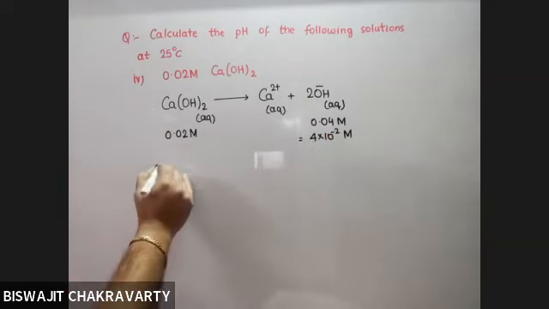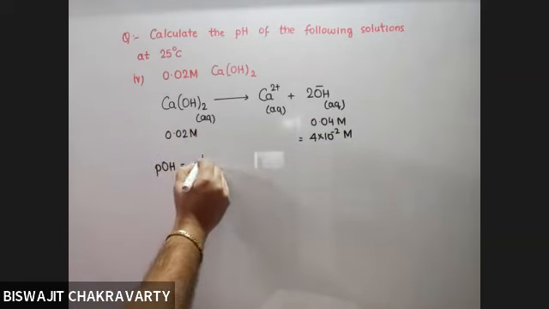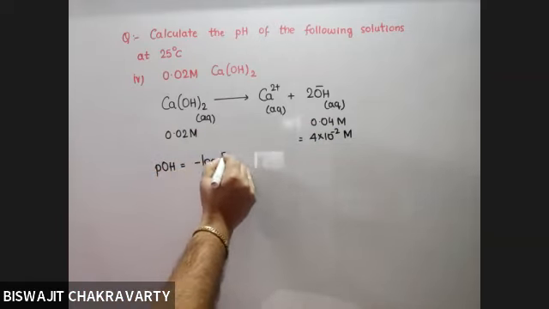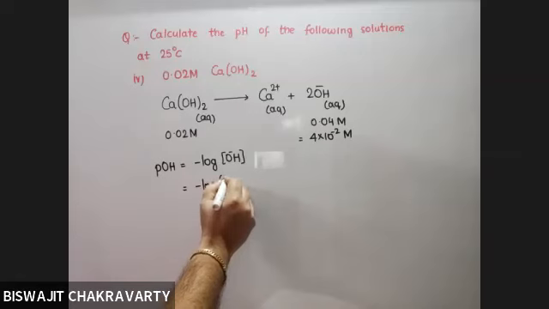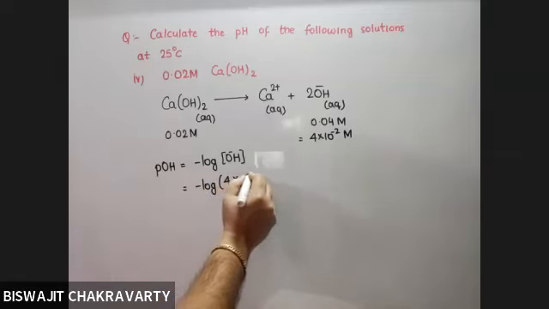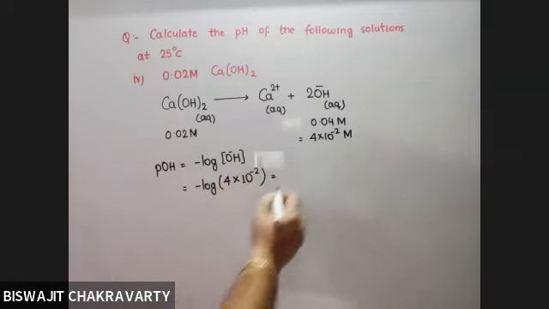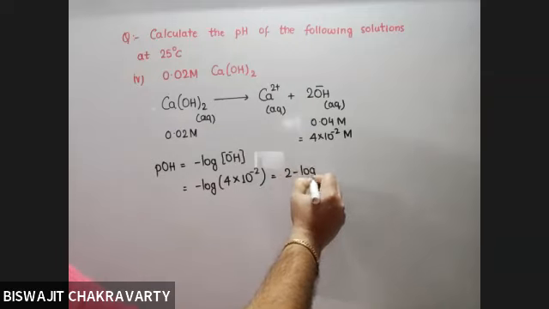So pOH will be minus log of OH minus, which is minus log of 4 into 10 to the power minus 2, which is 2 minus log of 4.